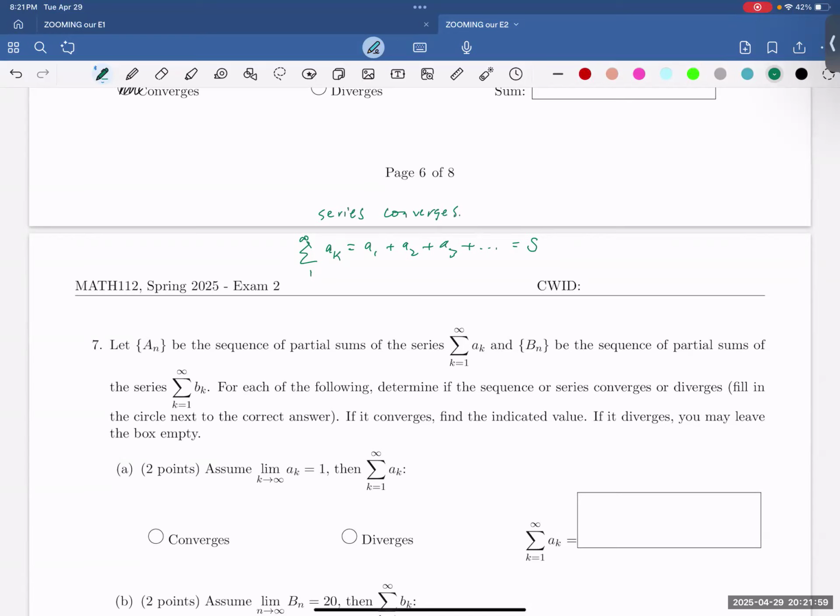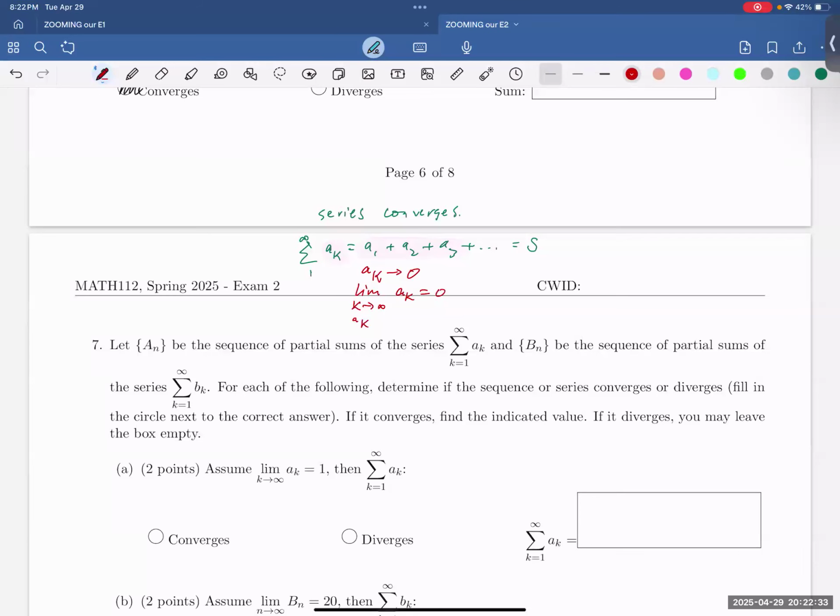And when you have a series that converges, you know a couple things. If it converges, it equals some value for its sum, and we're calling that S. When that happens, the terms of the series, the a sub k's, they have to get small. The a sub k's have to limit to 0 or converge to 0. You can write it like I'm writing here, a_k goes to 0, or write the limit of the a_k's is equal to 0.